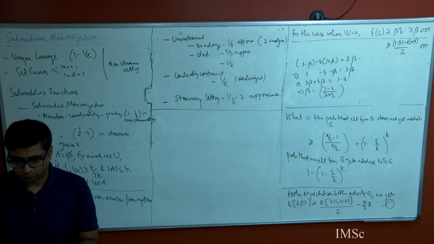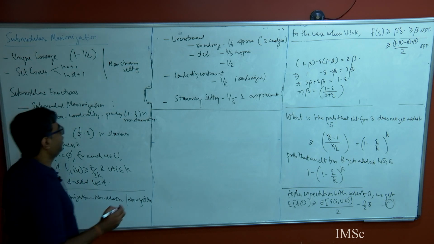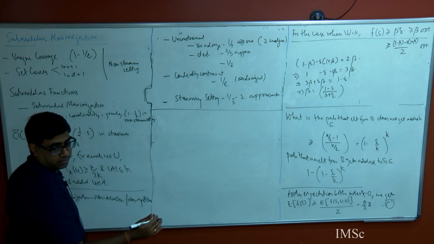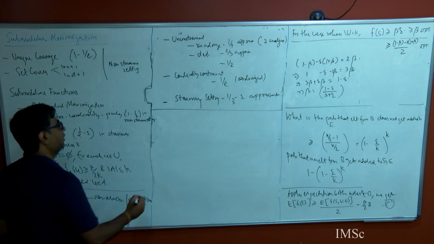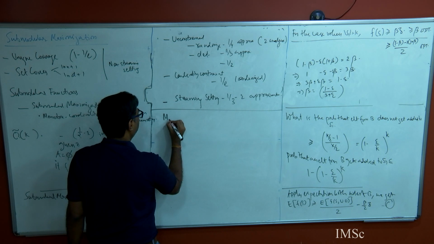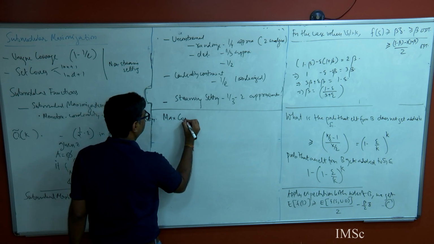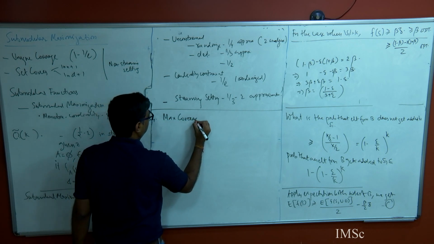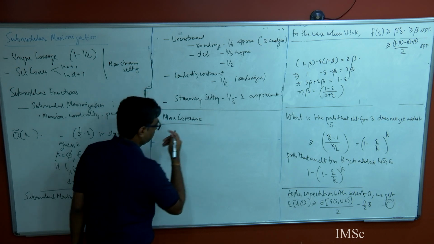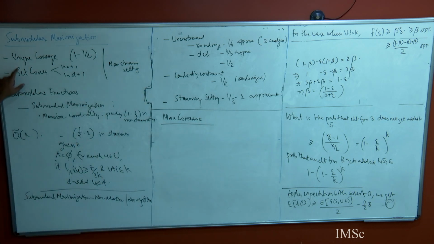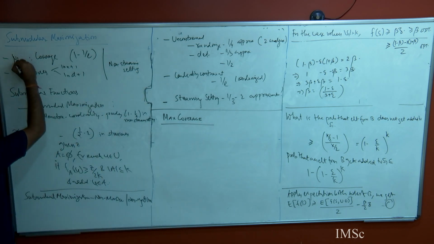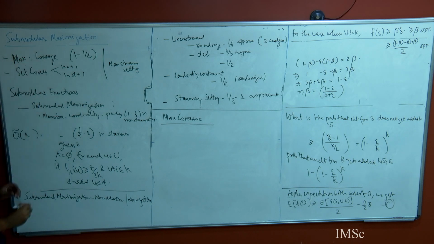Okay. Now imagine that we wanted to do, so all these things are fine, okay? If I wanted to do, say, max coverage, right? Which is the same as, it was not unique coverage, it was max coverage, right?